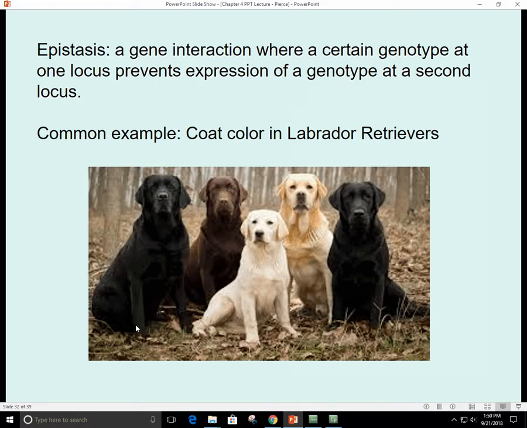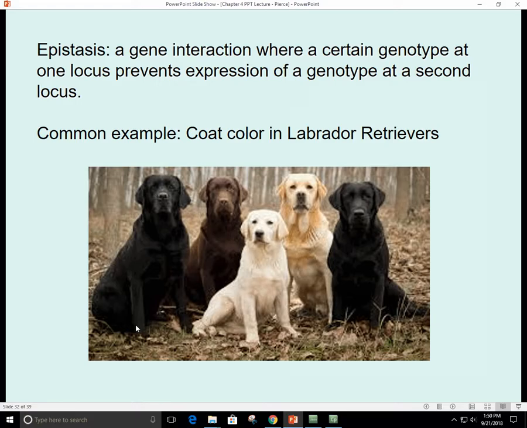But then there's a whole other gene that says whether or not there will be color at all, kind of like the peppers. There's a C, and if you have a big C, that means there will be color, and if you have a little c, that means there won't be much color. So the yellow ones, what we call yellow labs, have to have a little c.